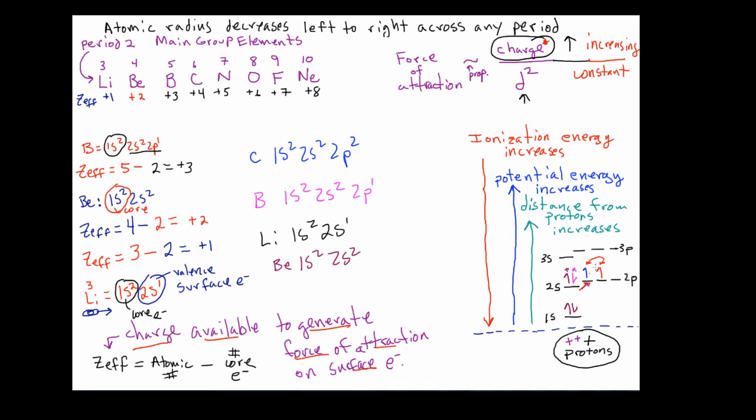But after that, each subsequent electron coming in is entering the 2p shell, and each of these platforms is exactly the same distance away from the protons as the last electronic addition. So the take-home message here is as we move left to right across any period on the periodic table, the force of attraction for the surface electrons is increasing while the distance essentially remains constant.